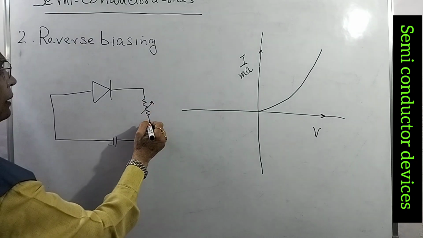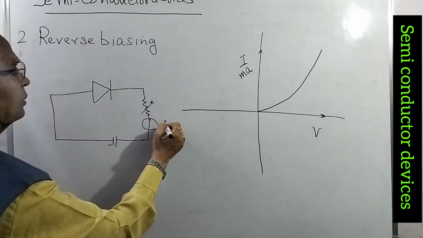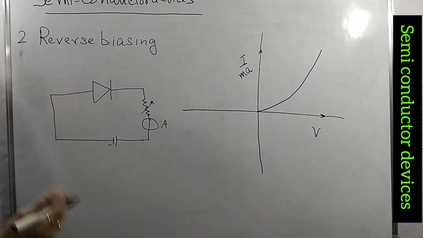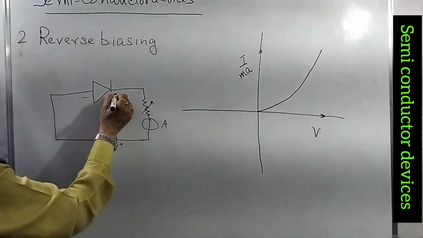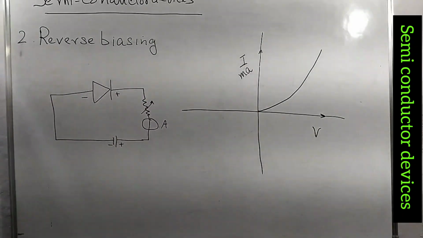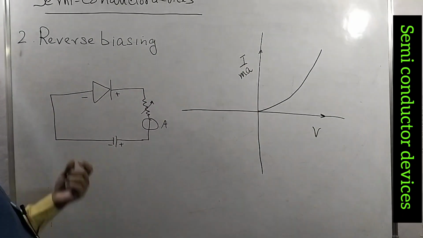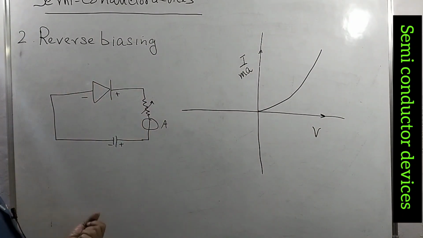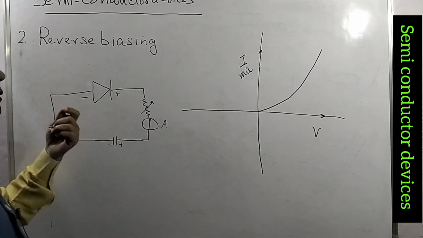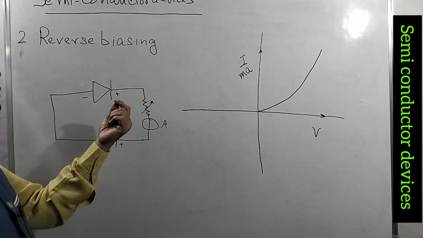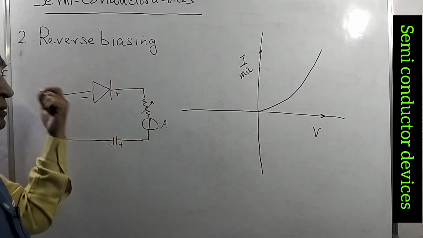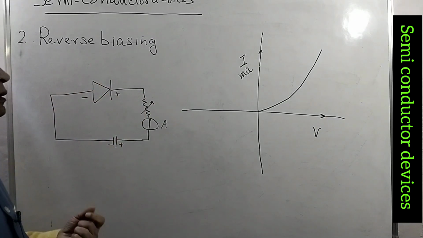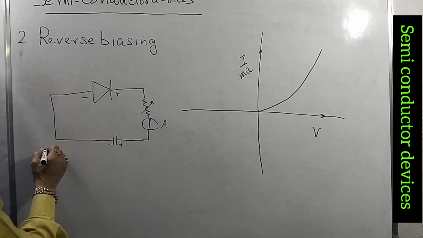We can also connect a milliampere or microampere current meter. So this is negative. Now the potential is opposite. Previously the current was due to the flow of electrons, now the current will be due to the flow of holes, which are in minority.